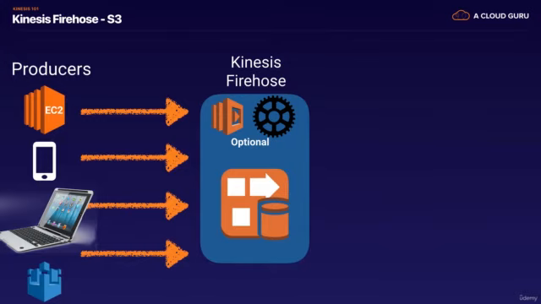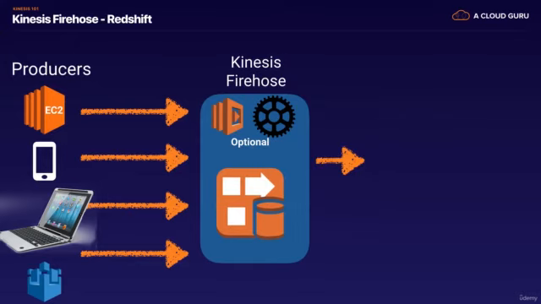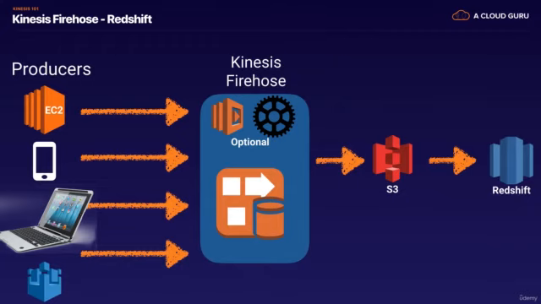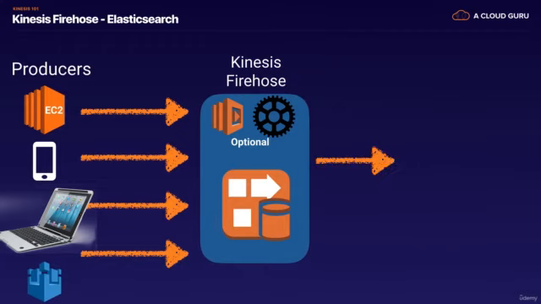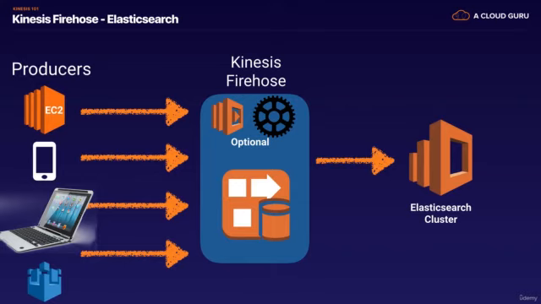As soon as the data comes in, it triggers a Lambda function. The Lambda function runs a particular set of code for that data and then outputs it somewhere safe. It could output it to S3, it could output it to Redshift. Actually, it can't directly output it to Redshift. You have to output it to S3 and then import the data into Redshift. Or it could be going on to an Elasticsearch cluster, etc.